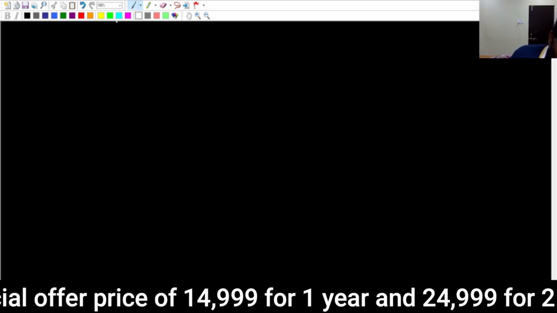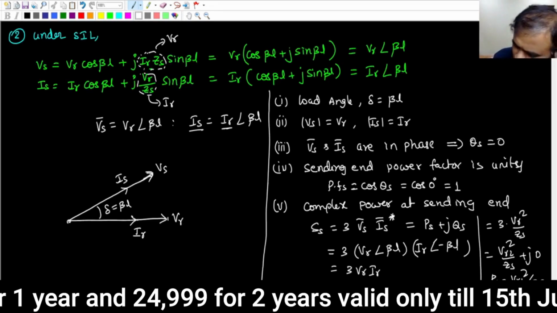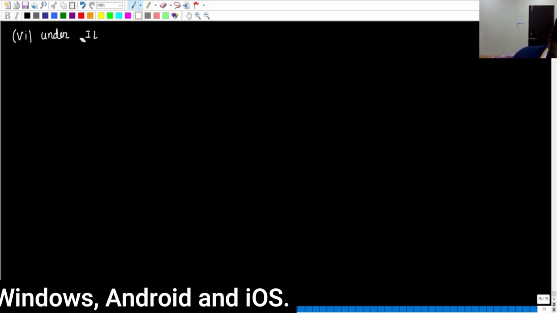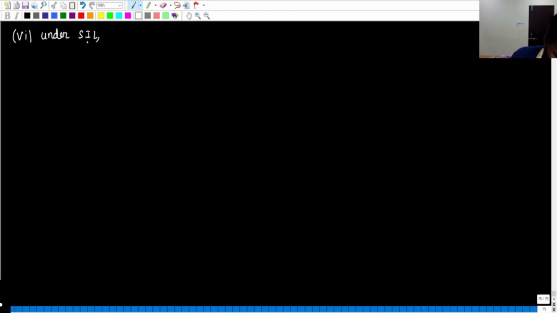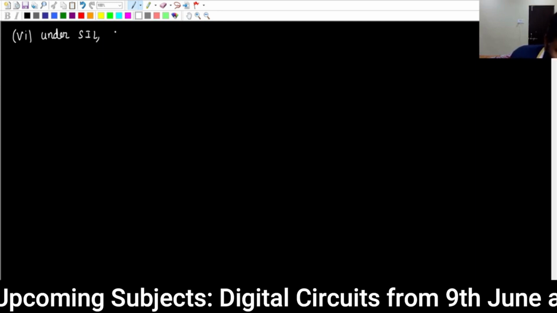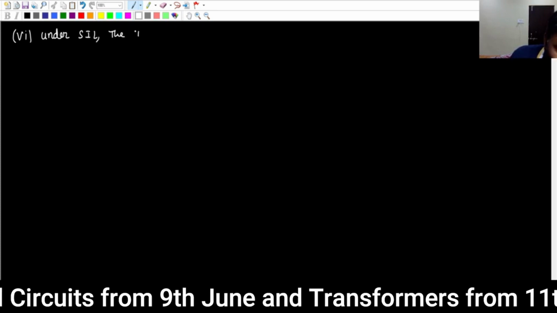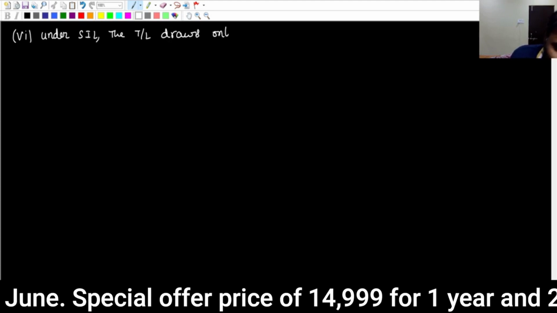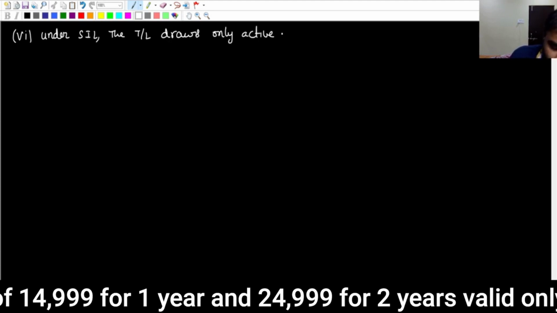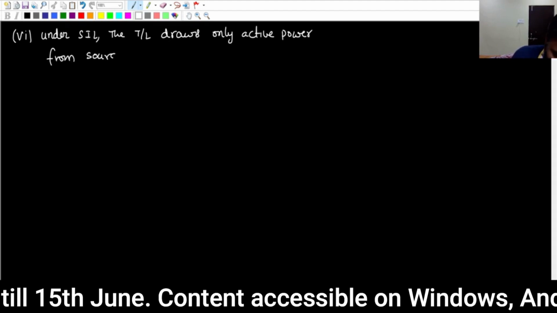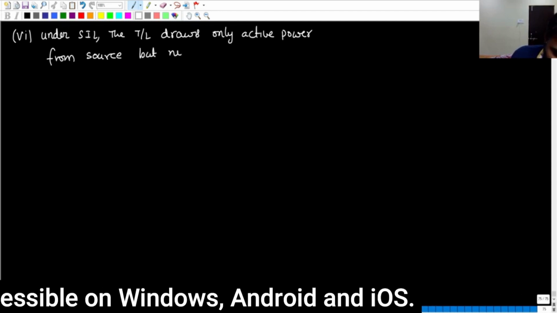Sixth conclusion: under surge impedance loading, the transmission line draws only active power from the source, but no reactive power.